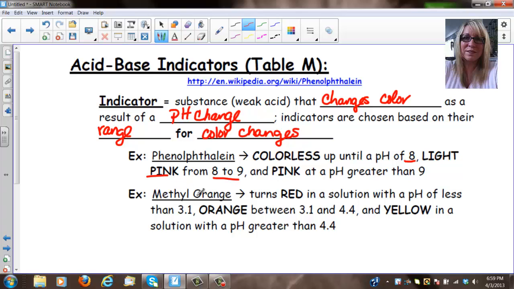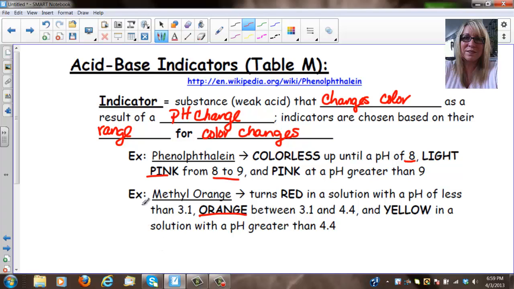Methyl orange turns red in a solution with a pH of less than 3.1, and it's orange between the ranges 3.1 and 4.4, and yellow in a solution with a pH greater than 4.4.